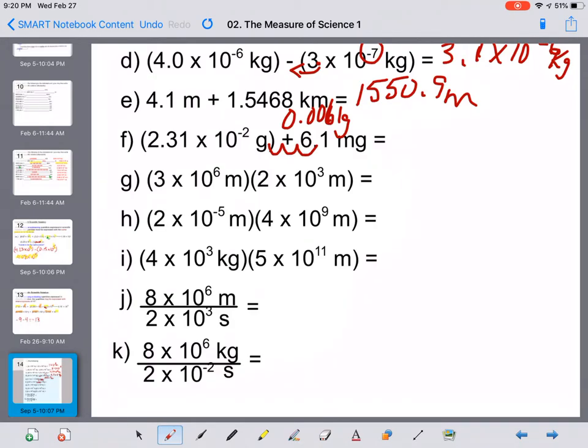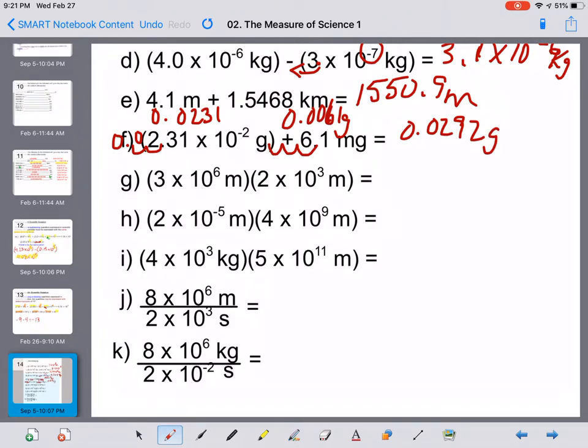Now, in the first one, I've got 2.31 times 10 to the negative 2. That really just means move the decimal 2 spots to the left. So I'll have 0.0231 grams. So I just add the two of these together, and I get 0.0292 grams.